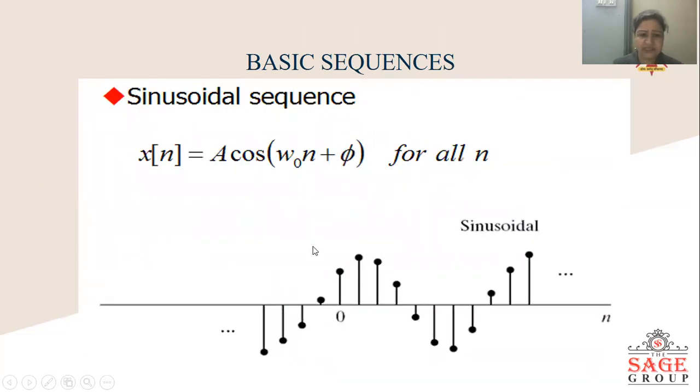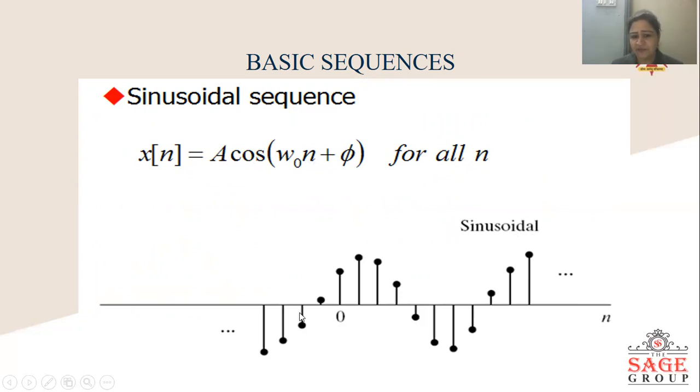Now, the next sequence is the sinusoidal sequence. In general form, the sinusoidal sequence is represented by a cos omega naught n plus phi, where phi is a phase shift, omega naught is an angular frequency, and n is a parameter of time, which always has an integer value. So here we can see the discrete representation of a sinusoidal signal.